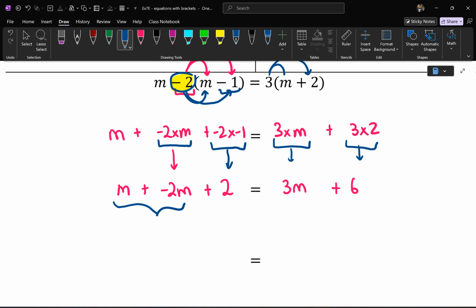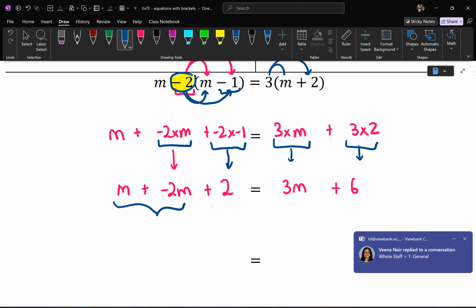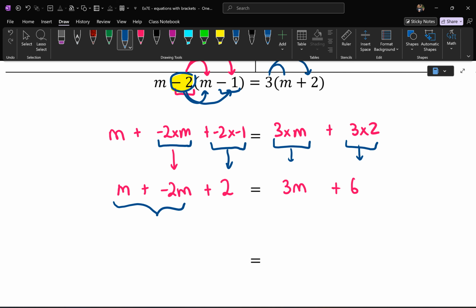m plus a negative 2m. What does that give you, Ashwin? m plus negative 2m. So 1 plus negative 2. 1 plus negative 2. Use a number line. I can't figure it out in my head. Well, you think about it logically.